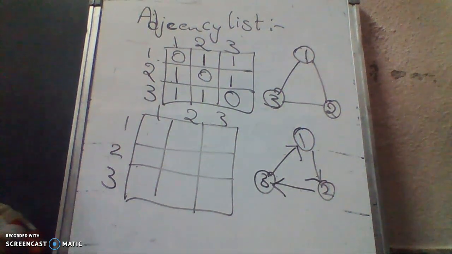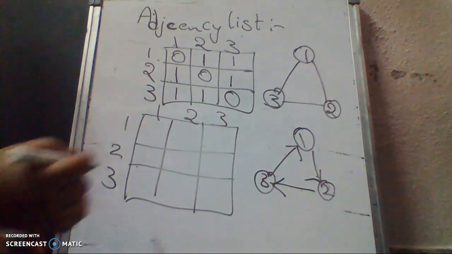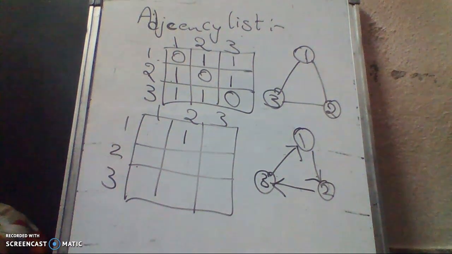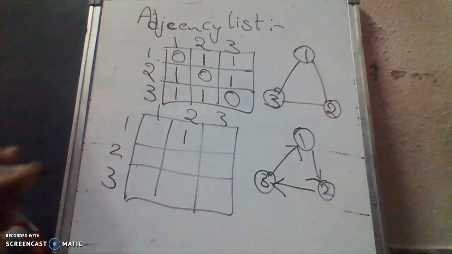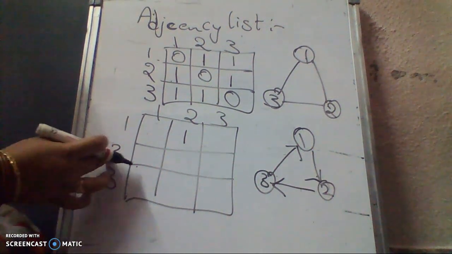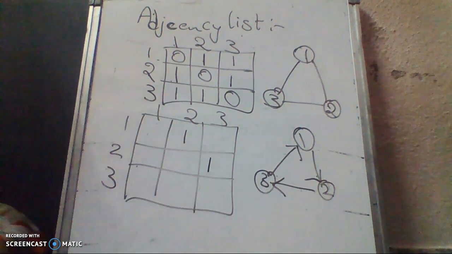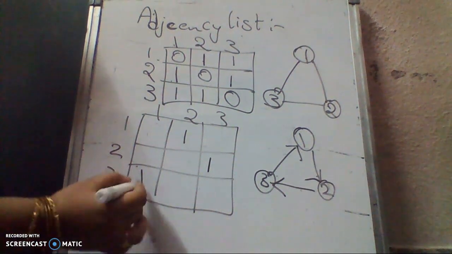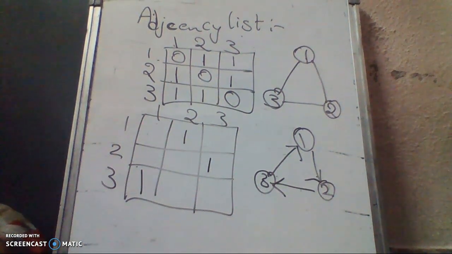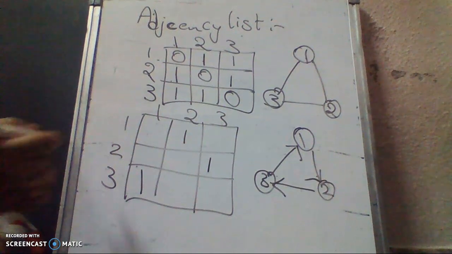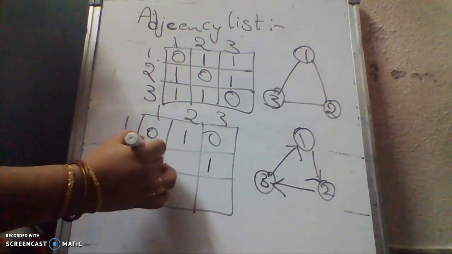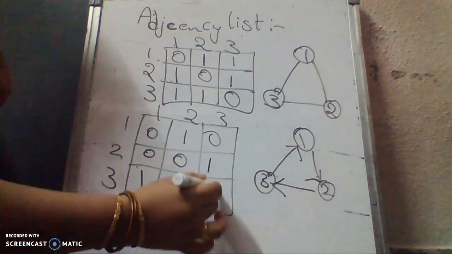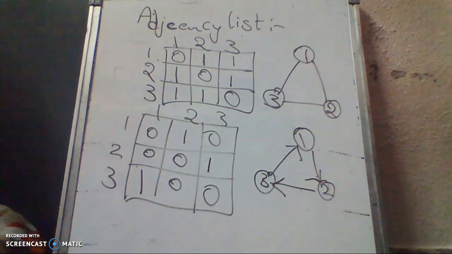Vertex 1 has an edge only to 2, so 1 to 2 is 1. Vertex 2 has an edge to 3, so 2 to 3 is 1, and vertex 3 has an edge to 1, so 3 to 1 is 1. Here we have 3 edges, so we make the remaining entries zeros. This is for the directed graph.